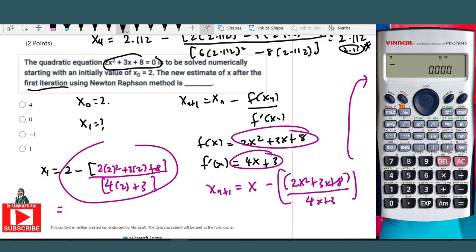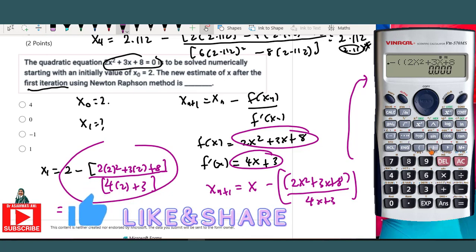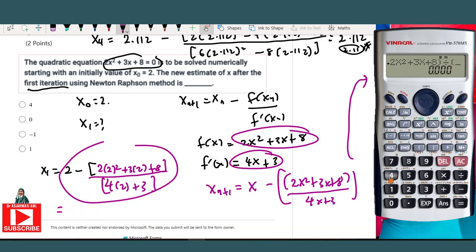X variable, alpha x minus bracket 2 alpha x squared plus 3 alpha x plus 8, close for the numerator, divide, open for the denominator, 4 alpha x plus 3, close for the denominator and close out.